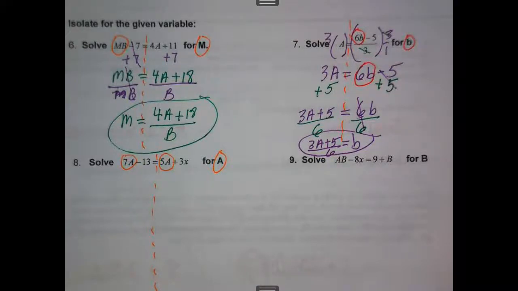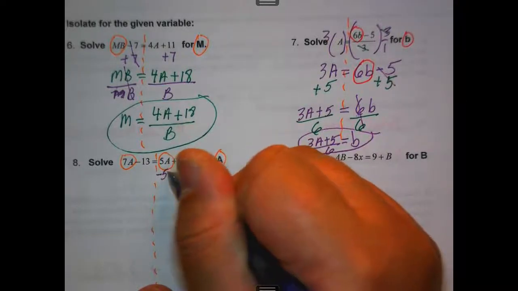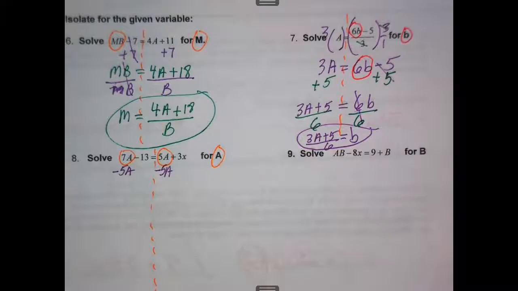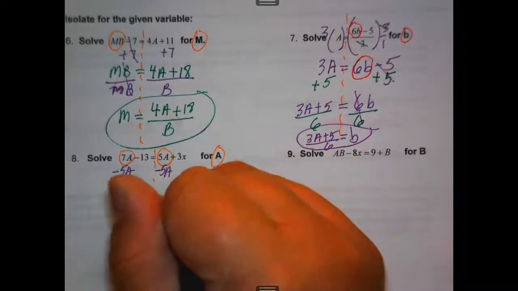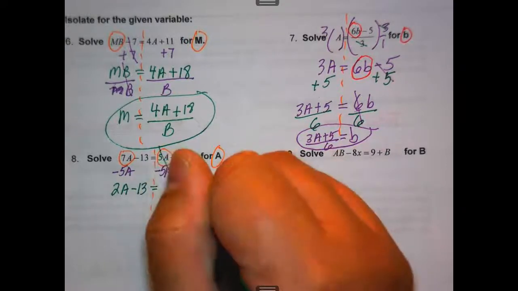So I'm going to subtract 5a from both sides. I got a whole bunch of things: 35a, 35a squared, 12a, all kinds of things. 7a minus 5a are like terms. I get 2a minus 13 equals 3x.